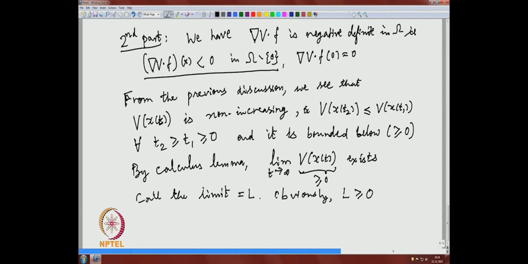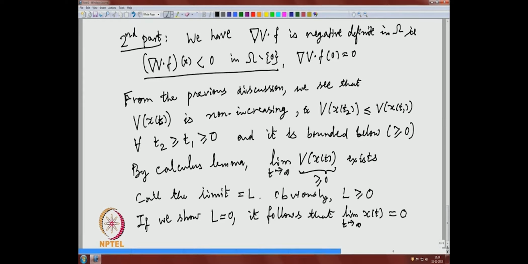If L equals 0, you immediately see that since V(0) is 0 and V vanishes only at 0, then if we show L equals 0, it follows that the limit of x(t) as t tends to infinity should be 0.